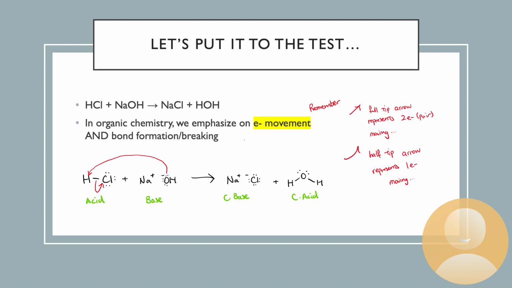This is shown with the arrow starting from the bond and ending at the chlorine atom. As a result, our chlorine atom gets 4 lone pairs and forms an ionic bond with the sodium cation. Our hydroxide, which newly forms the bond with the hydrogen, becomes the water.